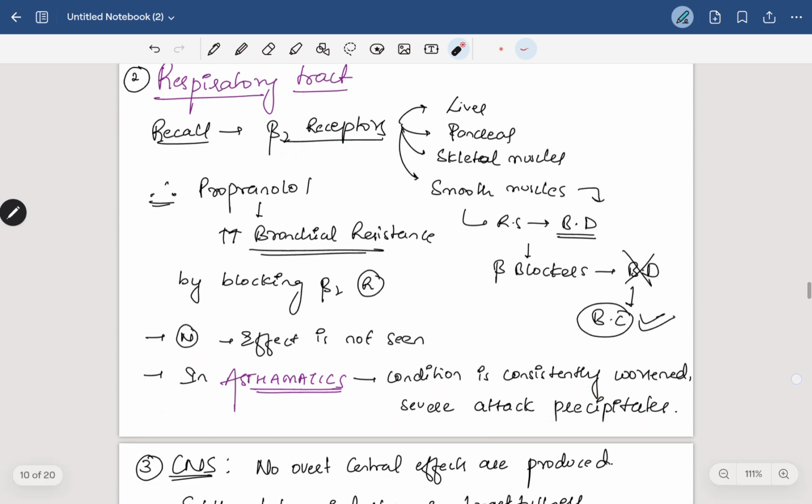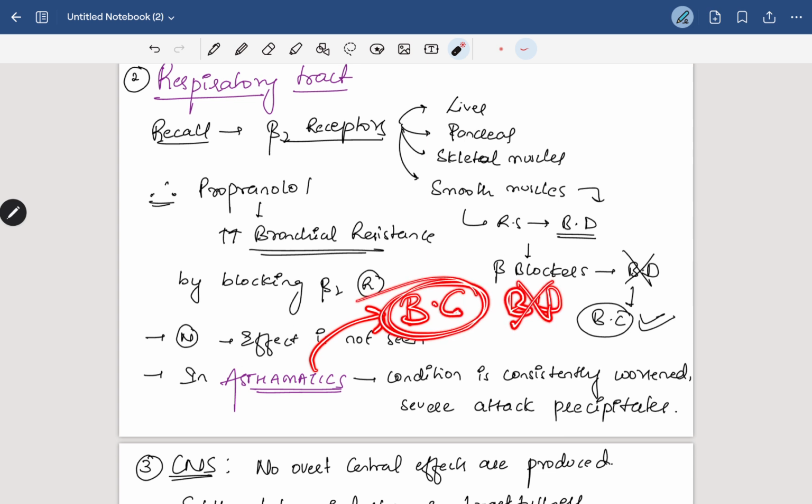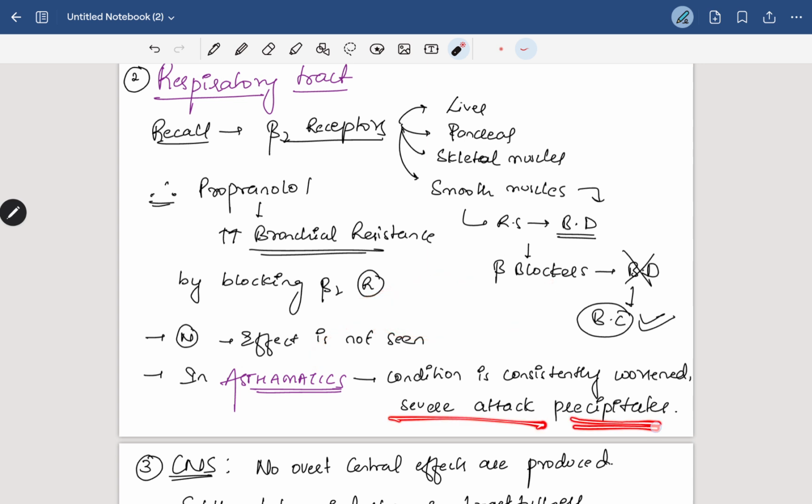I hope you understood why in asthmatics we should not give beta blockers, because asthma is caused only because of bronchoconstriction and you are also blocking the bronchodilation effect. So there's too much bronchoconstriction, you can remember it that way, and a severe attack will precipitate.